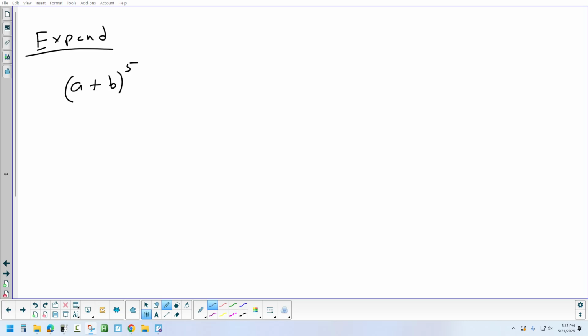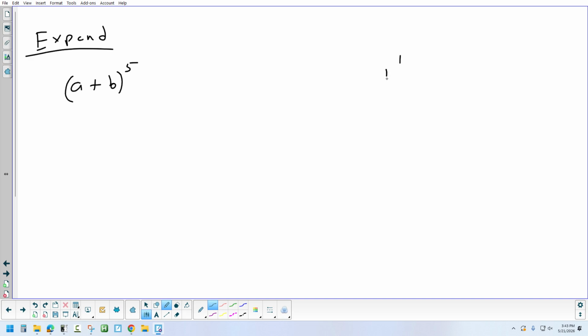Yep. 5th row. And what do we call the top of the triangle? What row is that? Yep. Row 0. So really we've got to make sure we go down 6 levels in the triangle because the first level is row 0.